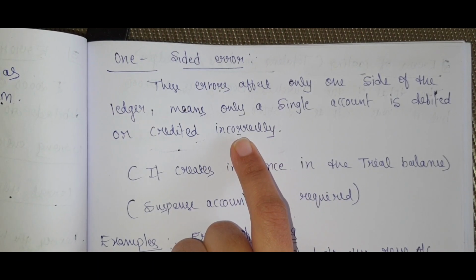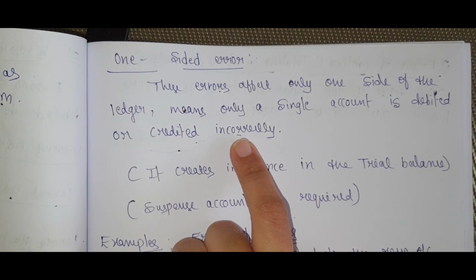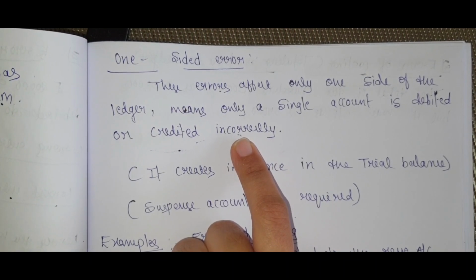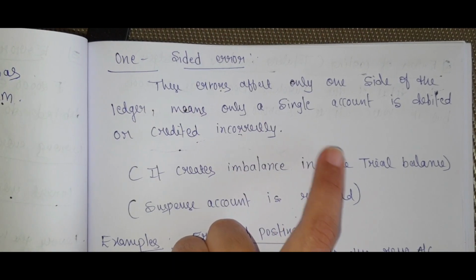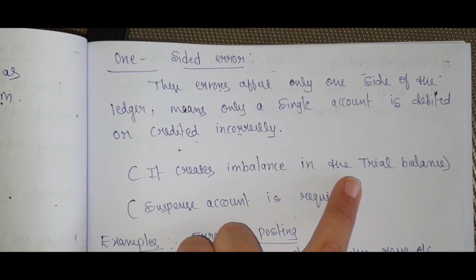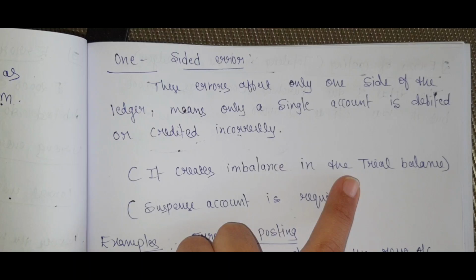It means the account that is debited or credited is not recorded properly, or is incorrect. As per the double entry accounting principle, every transaction requires both a debit and a credit. But a one-sided error creates an imbalance in the trial balance, whereas a two-sided error will not create imbalance in the trial balance.